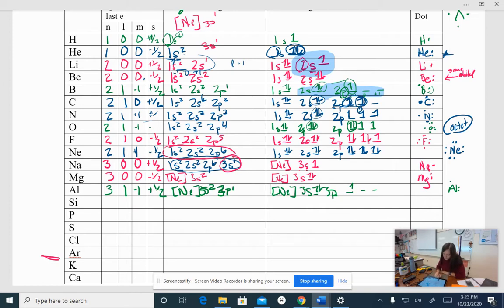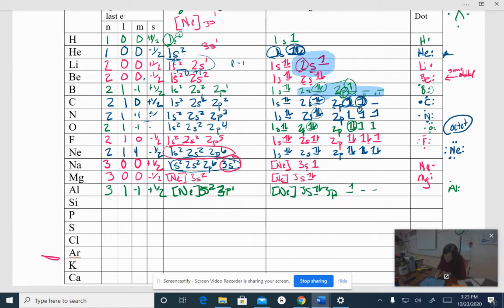For aluminum, we are going to have neon plus 3s2 and 3p1. So neon, 3s up and down, 3p up. Our dot picture here is going to be aluminum with 2 dots to the right showing the s2 electrons and 1 dot on top here to show the 1 electron for the p orbital.